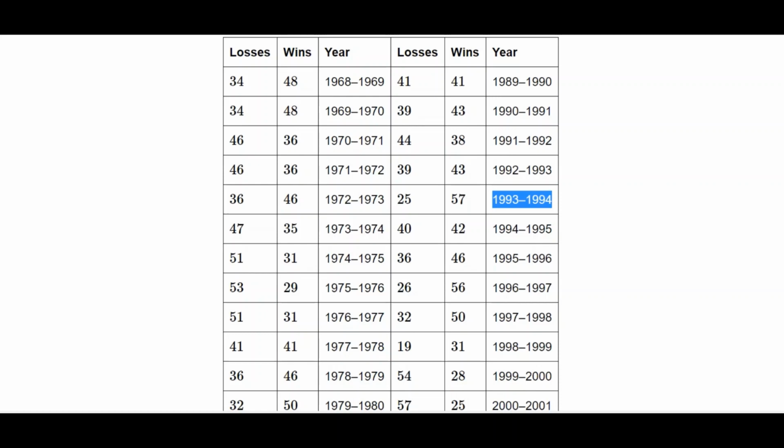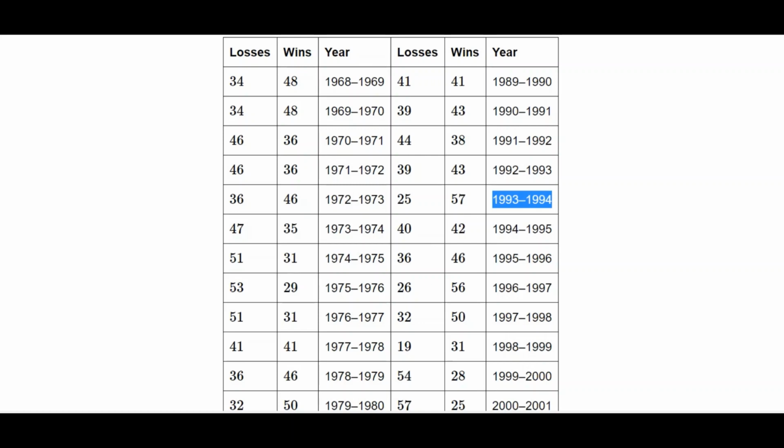Now, without getting the information about which team had the maximum or minimum losses, we are interested to form a stem and leaf plot of the maximum and minimum wins and losses, no matter who was associated with that. So we all are looking at the numbers of losses and wins.